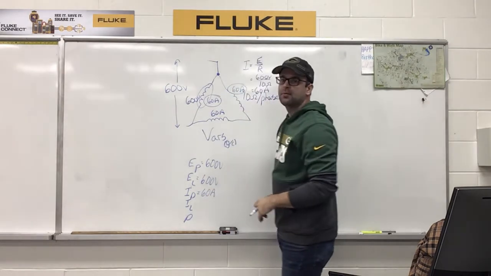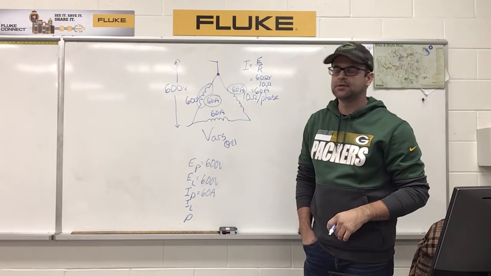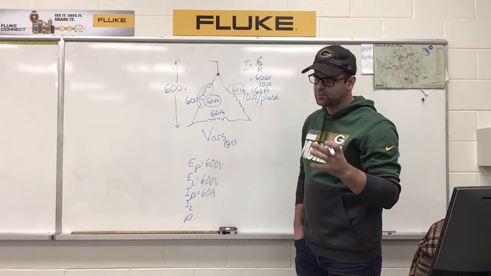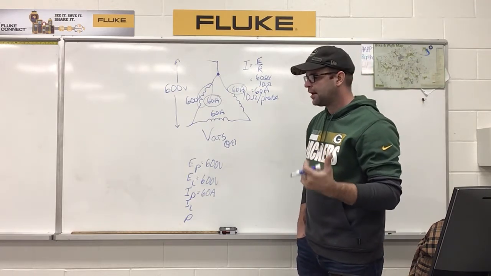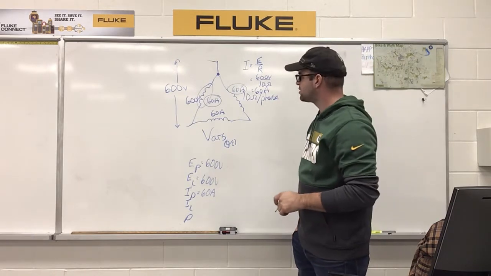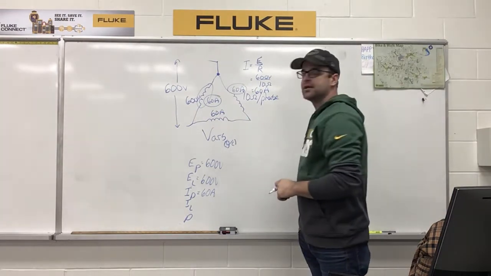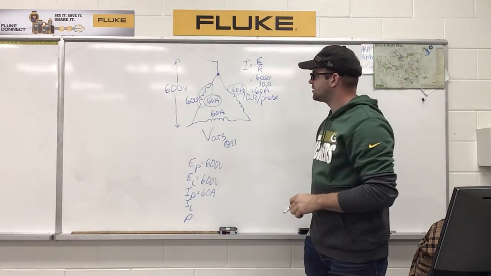But as we know, because it's three-phase, those line values, or phase one and phase number two, are not 180 degrees out of phase with each other, they're 120 degrees out of phase with each other.